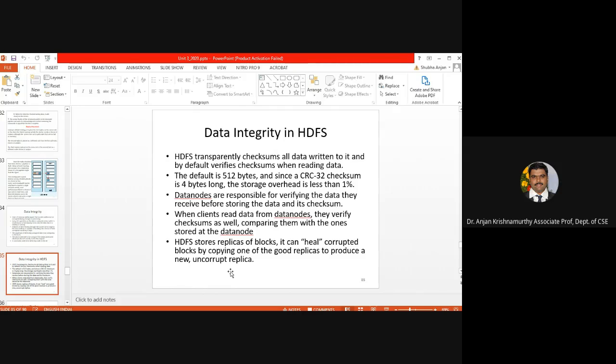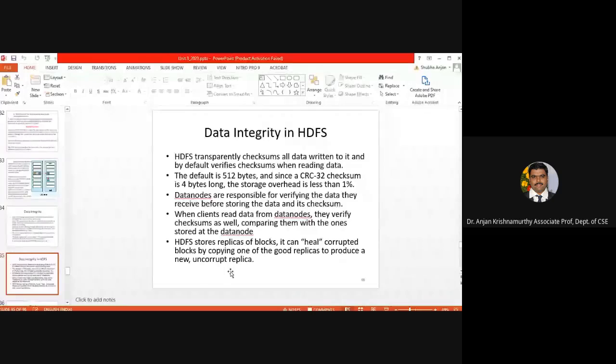So who is responsible for verification? The data nodes are responsible for doing the verification of data, right? The system intelligently makes itself aware that there is a data loss or there is no data loss, and whether the replicas are good or there are corrupted replicas.